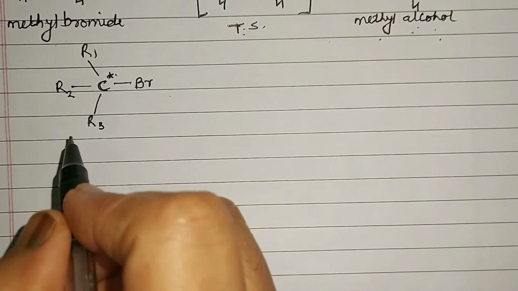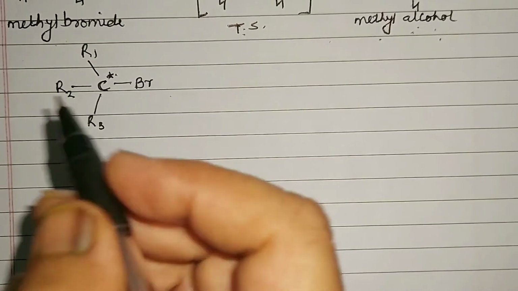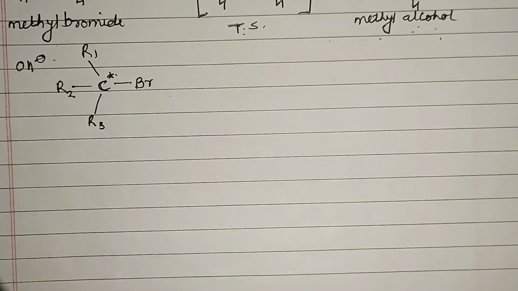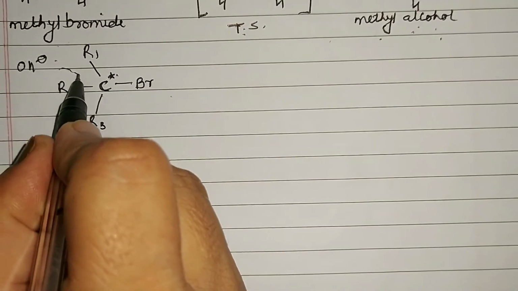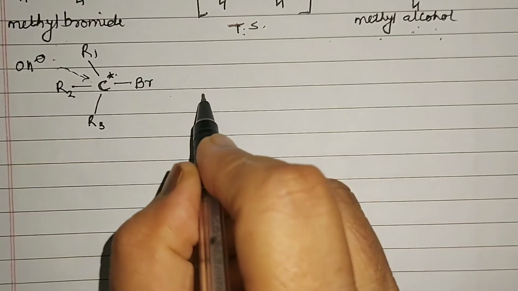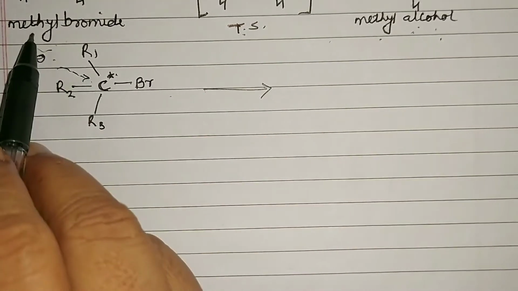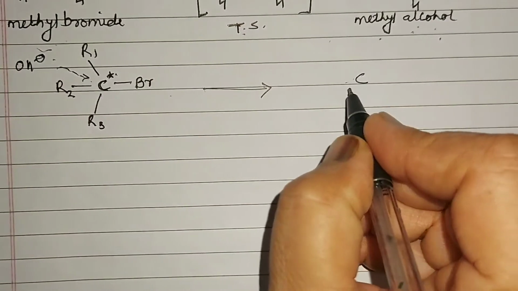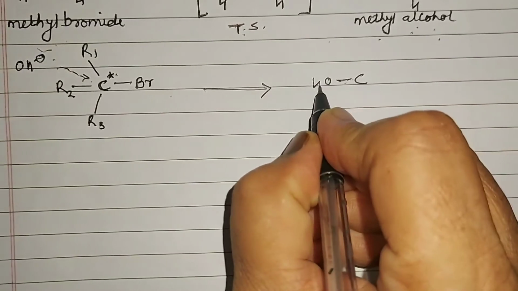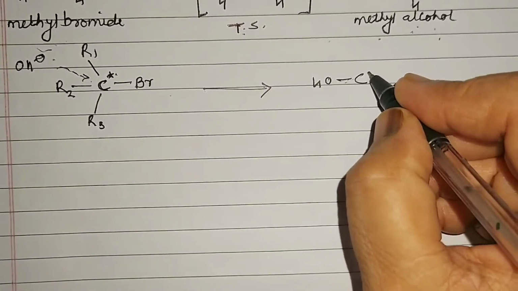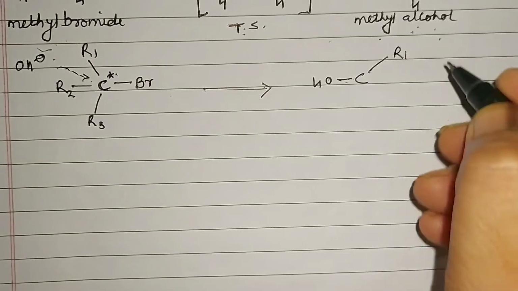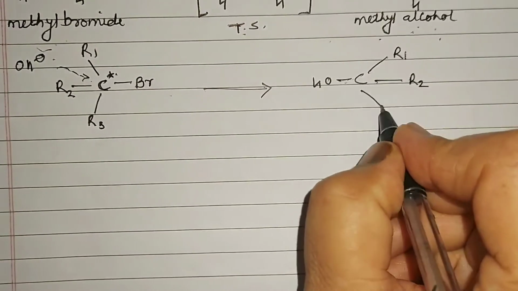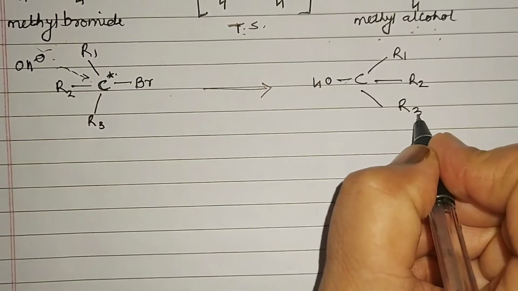When this type of molecule undergoes hydrolysis and converts into product by following the SN2 mechanism, we see that the product is like this: OH, R1, R2 and R3.